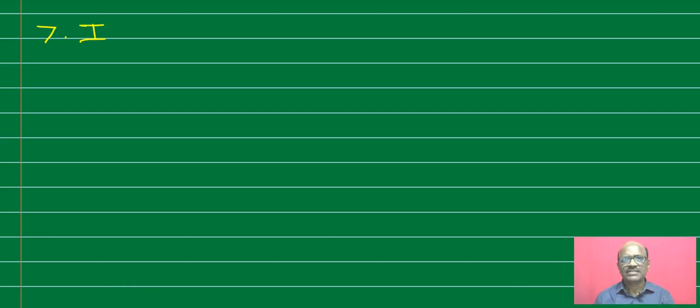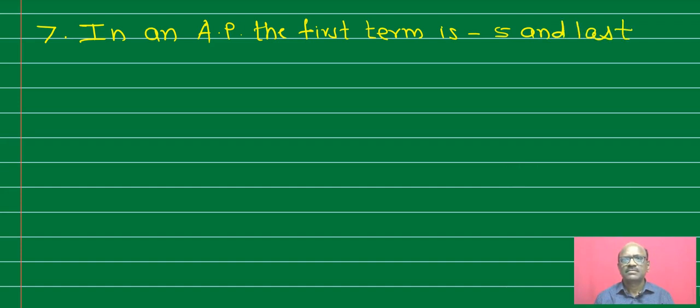Example number 7. In an AP, the first term is -5 and last term is 45.